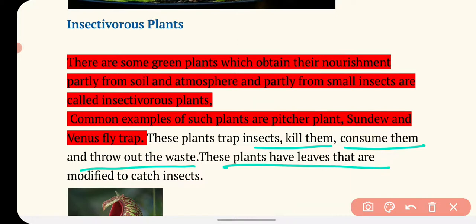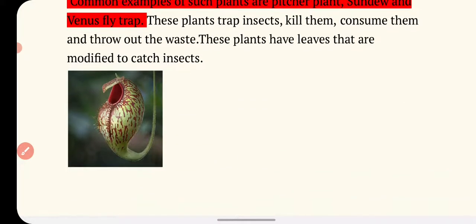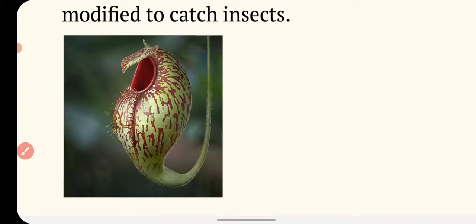These plants have leaves that are modified to catch the insects. To catch the insects, their leaves are modified in a special way so that they can trap them. Here you can see the pitcher plant.